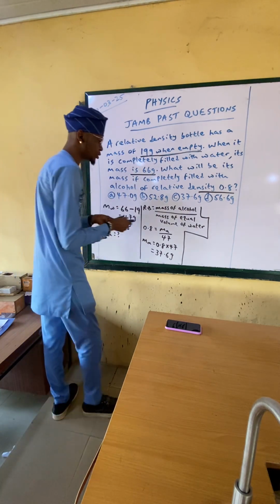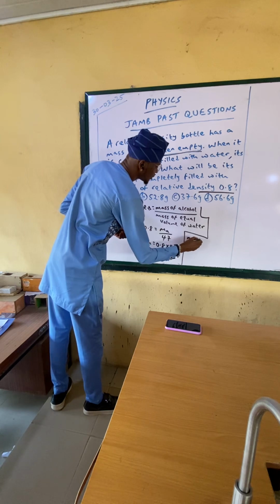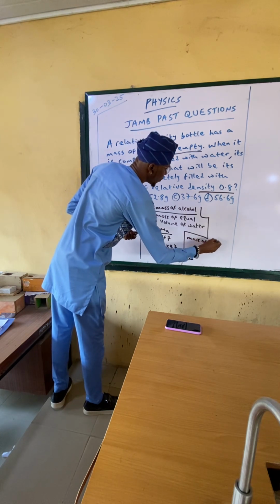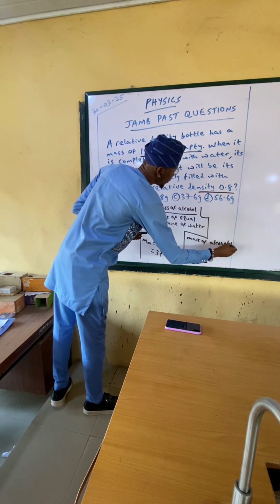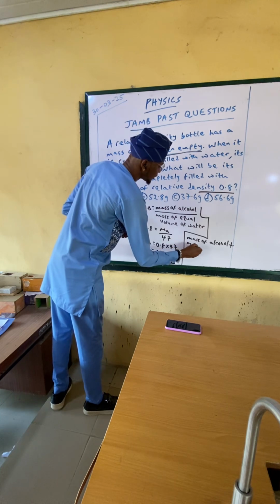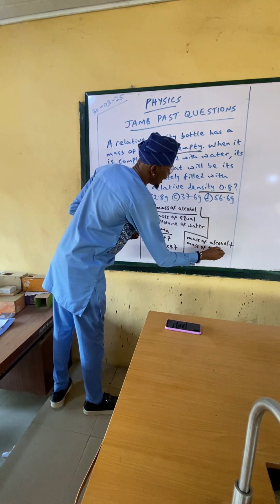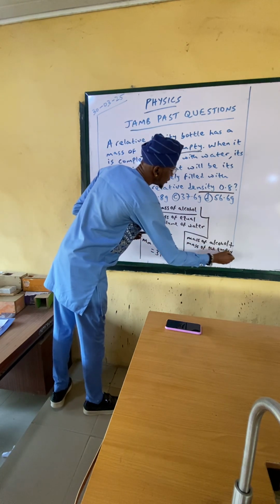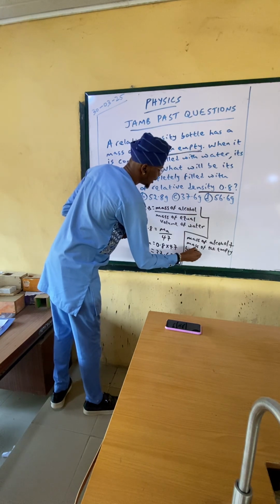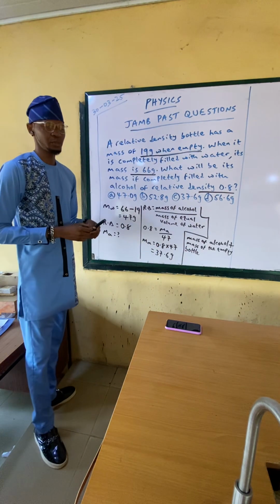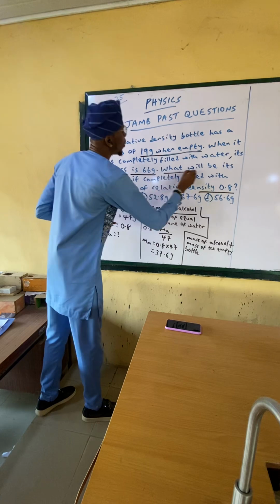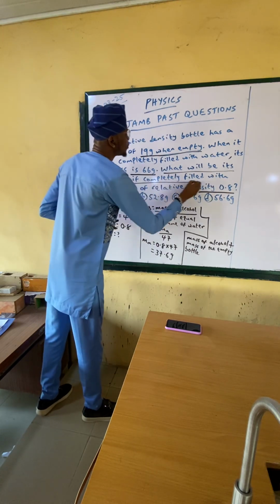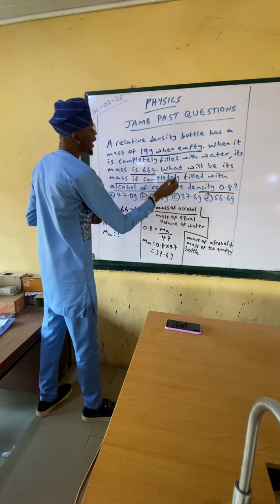To get that, it will be the mass of alcohol plus the mass of the empty relative density bottle. Because the question says, what will be its mass if completely filled with alcohol?